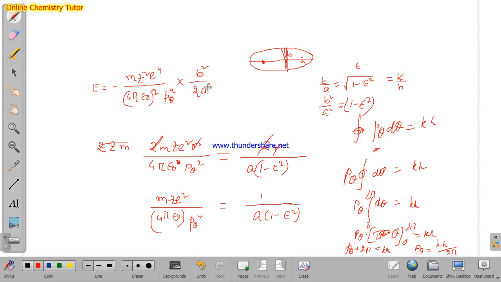So what is the value of p theta? We put it here, and what is the value of b square by a square? We put that here too, that is equal to k square by n square.